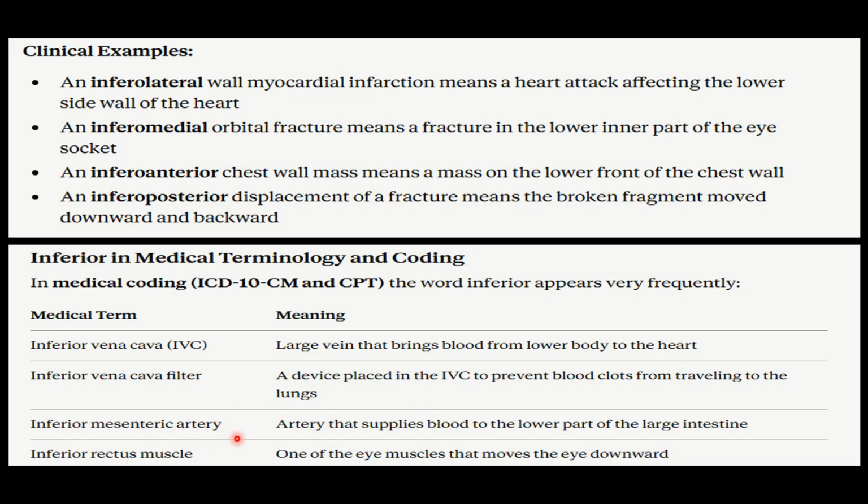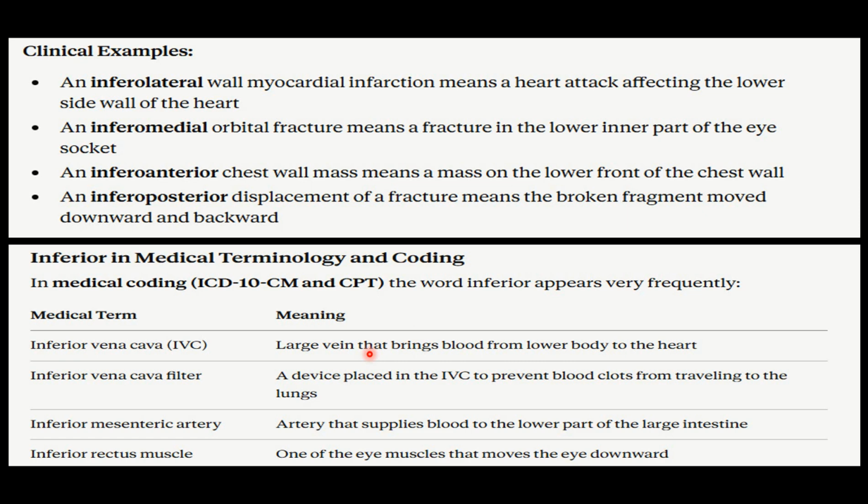Inferior mesenteric artery, which is nothing but an artery that supplies blood to the lower part of the large intestine. Then we have inferior rectus muscle, which means one of the eye muscles that moves the eye downward. Okay, so here again the word inferior refers to toward the bottom of your body or towards the feet.